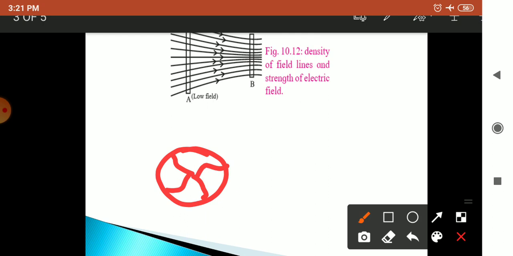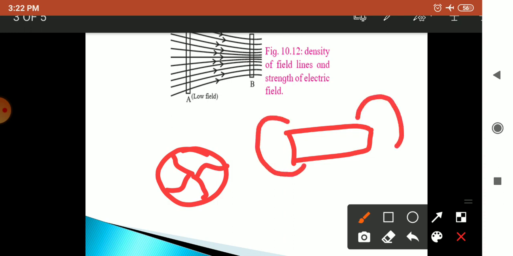visualization of the electric field, as well as the magnetic field, if we consider a magnet, it has a magnetic field around it. When there is a south pole and a north pole, it gives imaginary lines of that field.